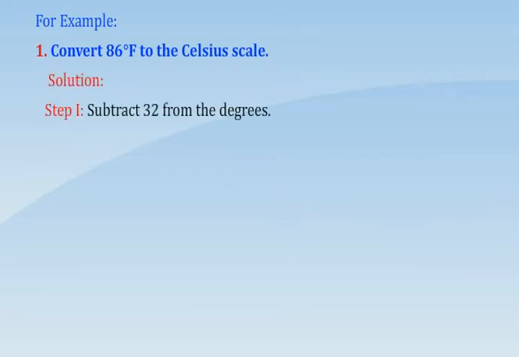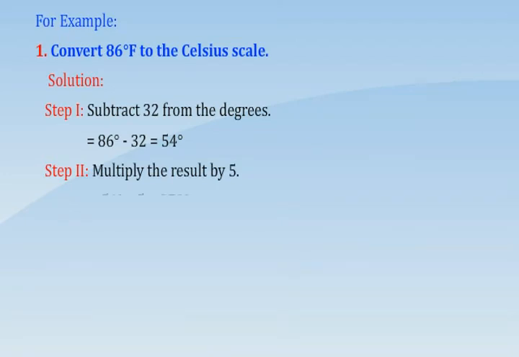For example, convert 86 Fahrenheit to the Celsius scale. Solution. Step 1. Subtract 32 from the degrees. 86 degrees minus 32 is equal to 54 degrees. Step 2.